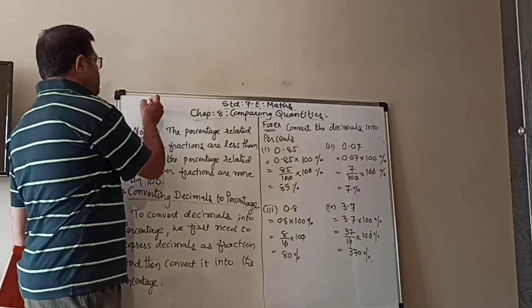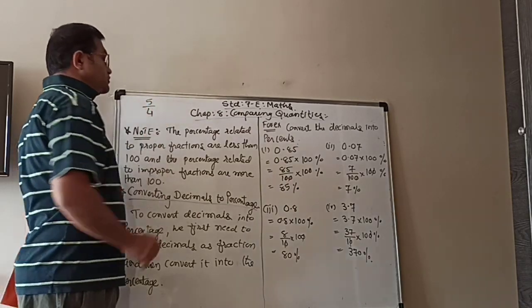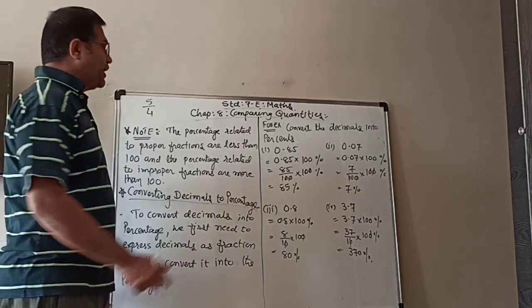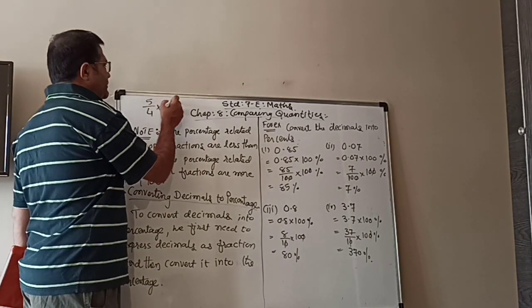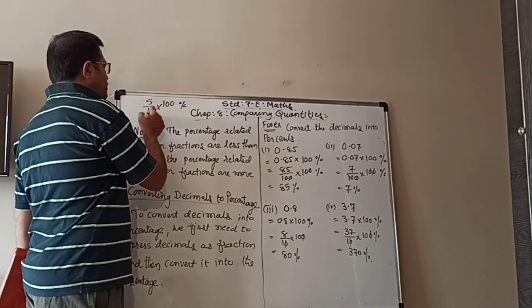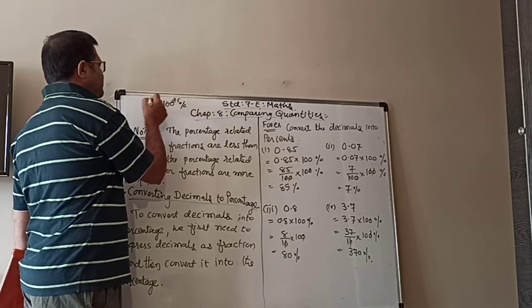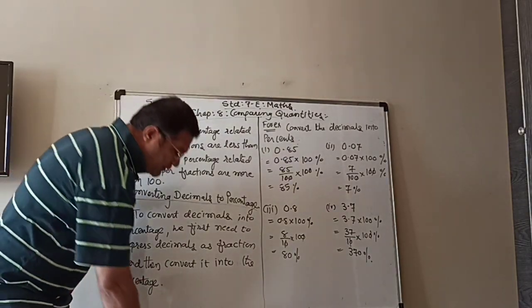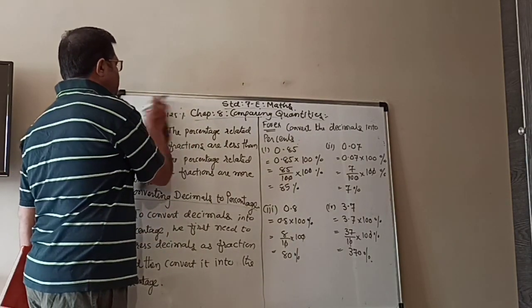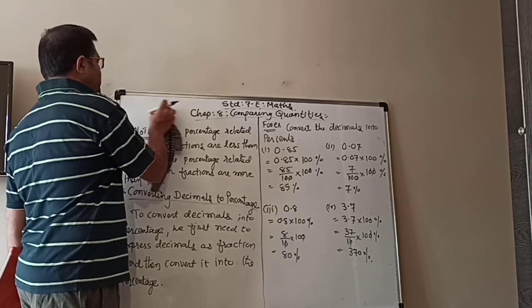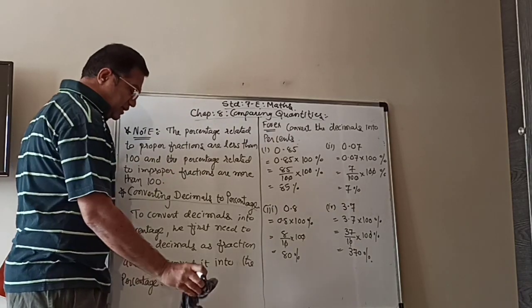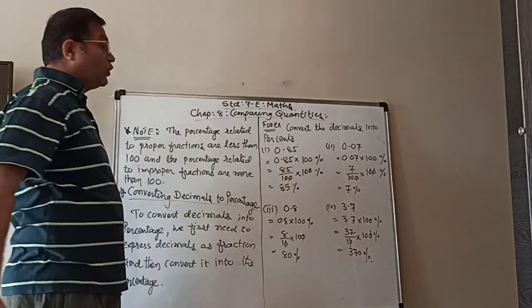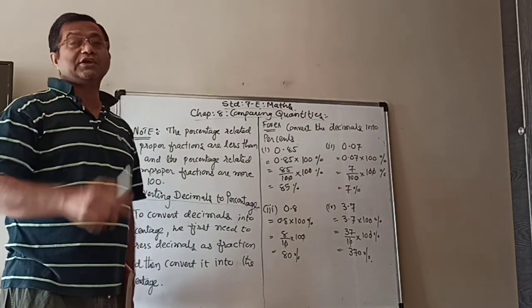For example, you can take 5 upon 4, which is an improper fraction because the denominator is smaller. Now 5 upon 4 multiplied by 100%. 25 fours are 100, so 25 fives are 125%. So whenever there is an improper fraction, the percentage related to it will be more than 100%. That is a very important note you have to keep in your mind.